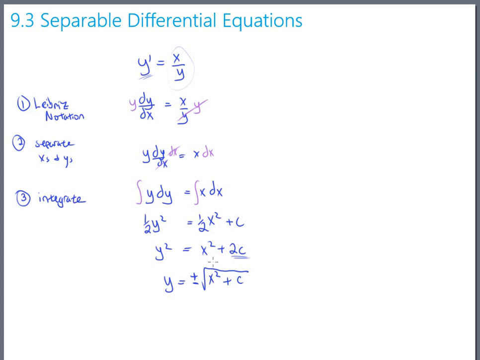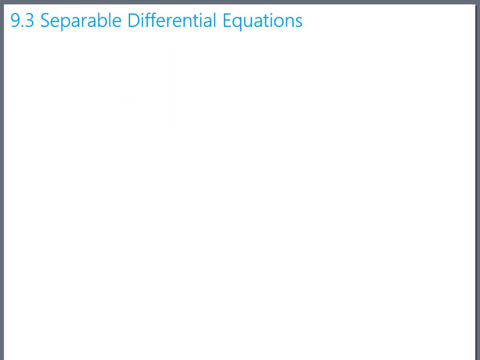Okay, let's take a look at another example. So let's say you've got some function whose rate of change is equal to .04 times the function itself. This is something that essentially has a constant growth rate.